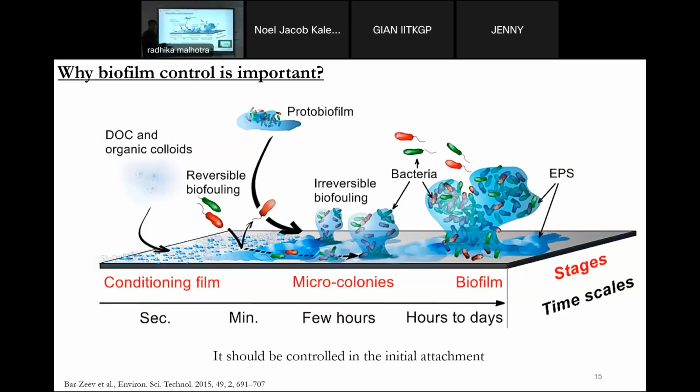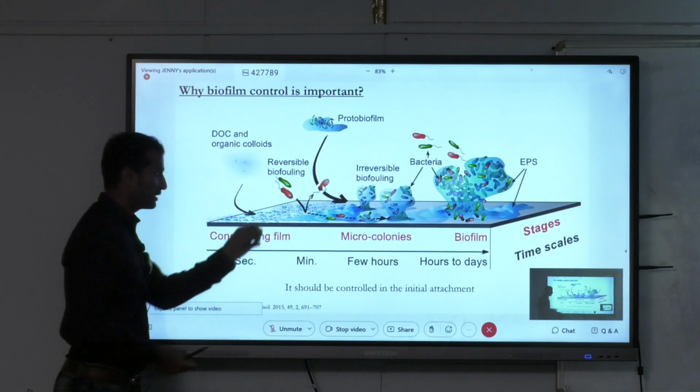In a few seconds, the pathogens present in the wastewater can touch the membrane surface. Then most of the bacteria or viruses can be reversible, so they can go off. Only a few cells attach on the membrane surface in a minute.